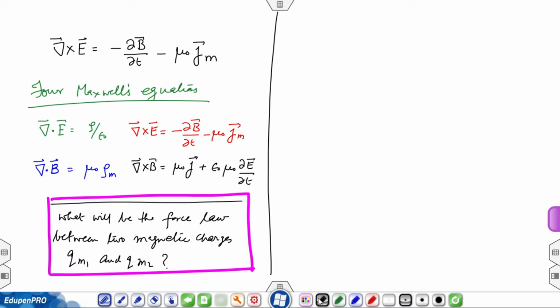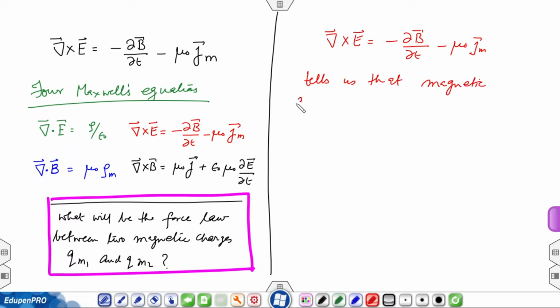Once I have these 4 equations, I can now say that interpretation wise, the equation curl of E equals minus dB dt minus mu 0 j m tells us that magnetic current j m gives rise to an electric field, just like charge current gave rise to a magnetic field, right.